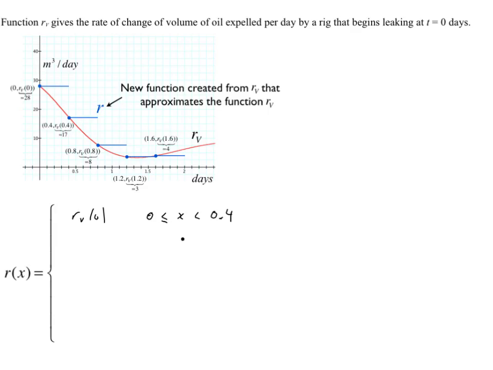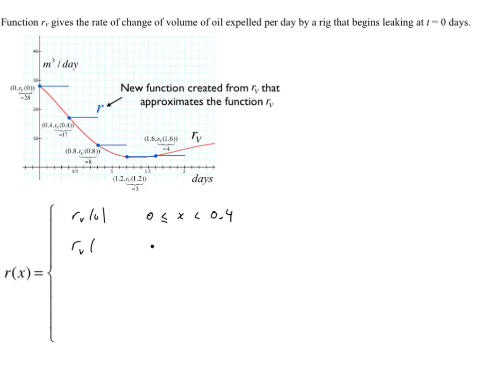Equal to 0, not equal to 0.4? Is that what I said last time?